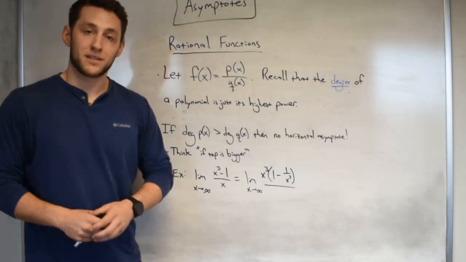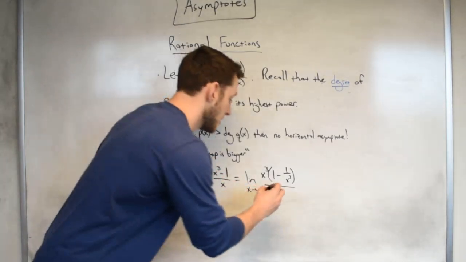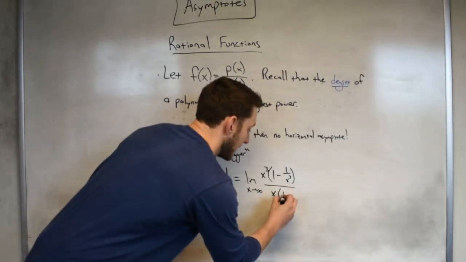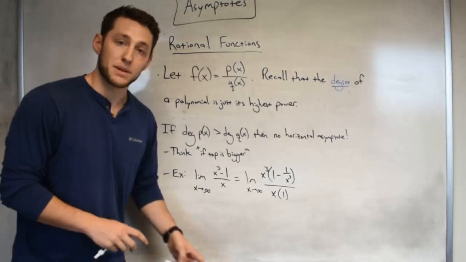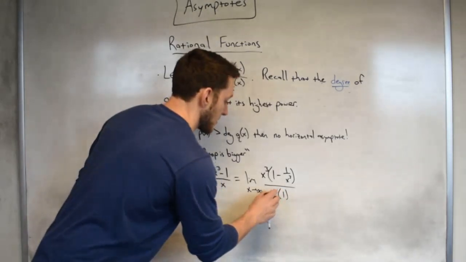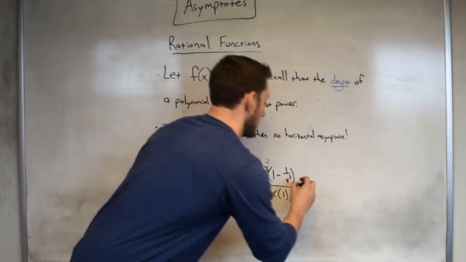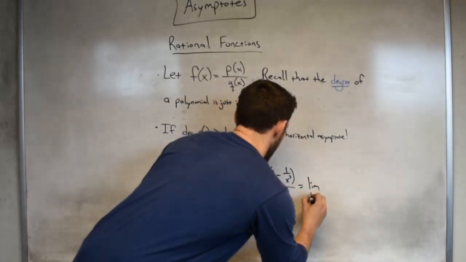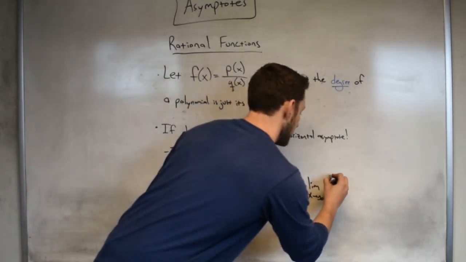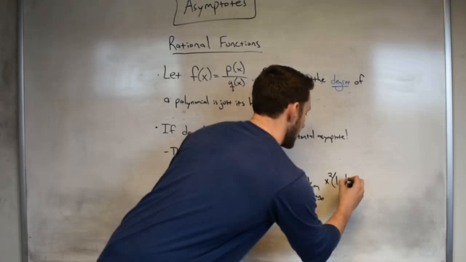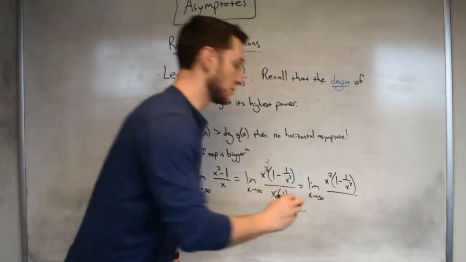That's why I have a 1 over x cubed right there. The bottom seems a little silly to factor out, so you could write it as x times 1 if you want. This allows me now to cancel some powers of x. For instance, I could cancel out 1x. This leaves me with the limit as x approaches infinity of x squared on top times 1 minus 1 over x cubed, all divided by just regular 1.